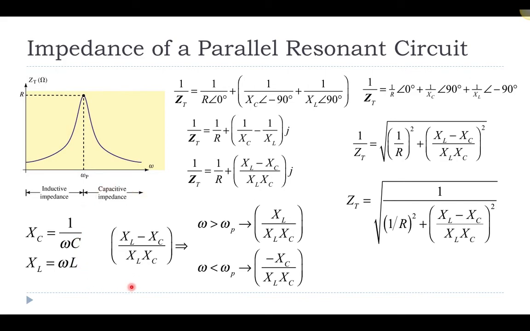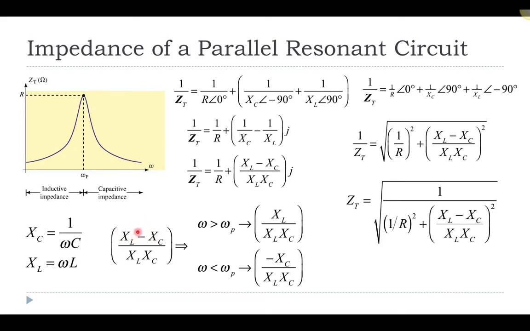And thinking about it in the opposite way, if the frequency is low, that means that this value is a small number and that fraction is large. The capacitive reactance is actually much bigger than the inductive reactance. And so when I subtract those two quantities, if the capacitive reactance is very large, then essentially it's more important here.